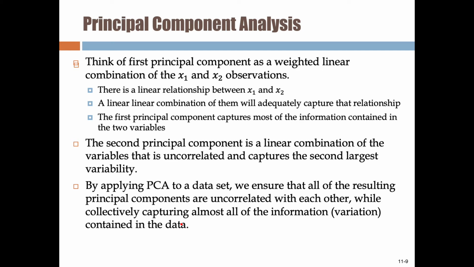Considering the two-dimensional case, the linear relationship between x1 and x2. So the linear combination of them will capture the relationship, and then we can find the biggest variation and also the small variation.